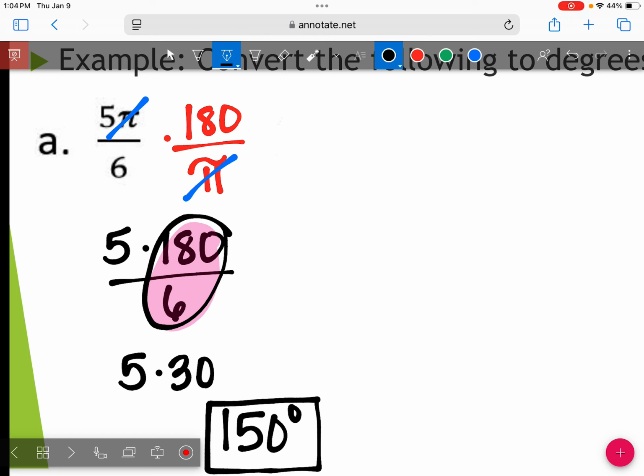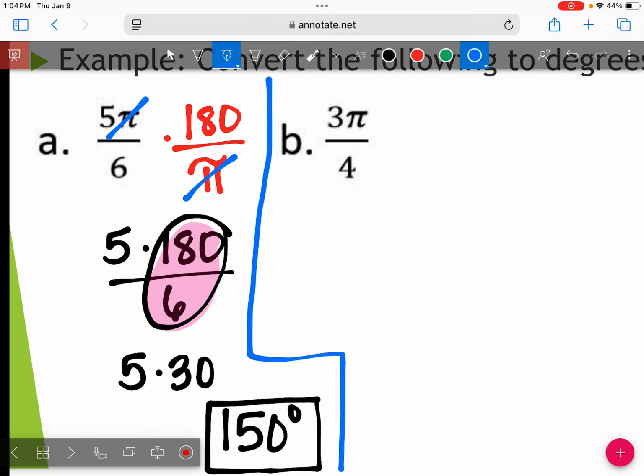Go ahead and copy down B. 3 pi over 4, we're going to do it again. So this is my second time going through this lesson.